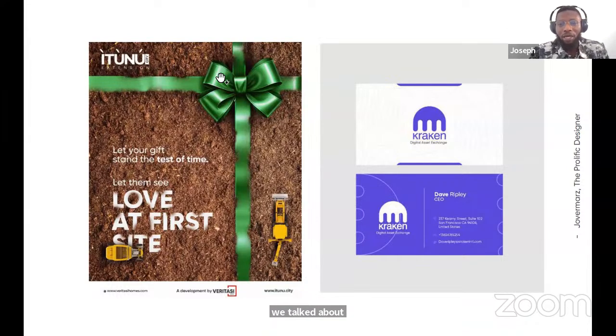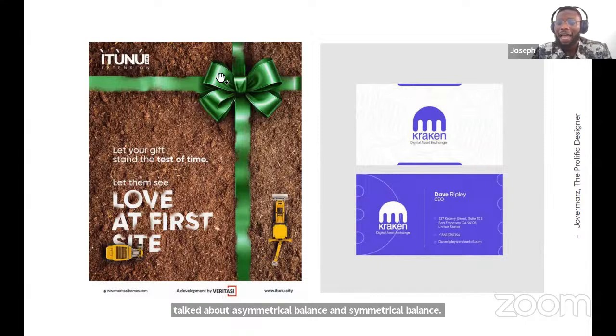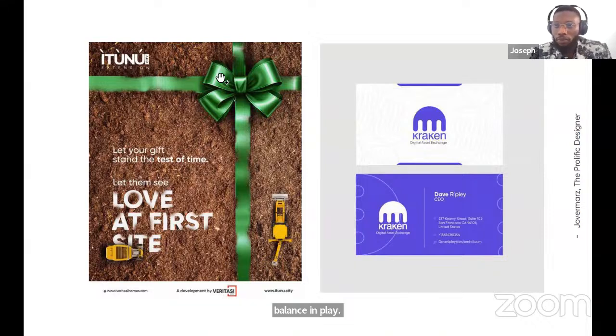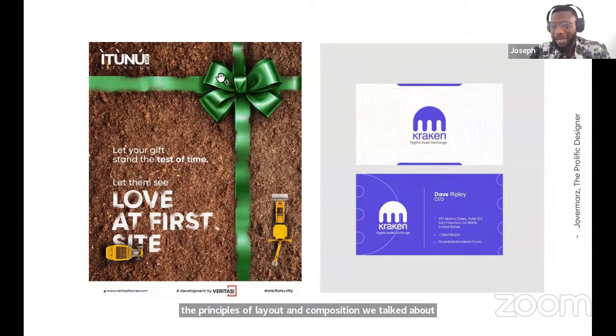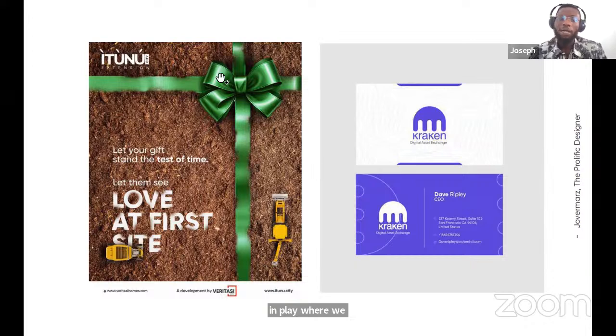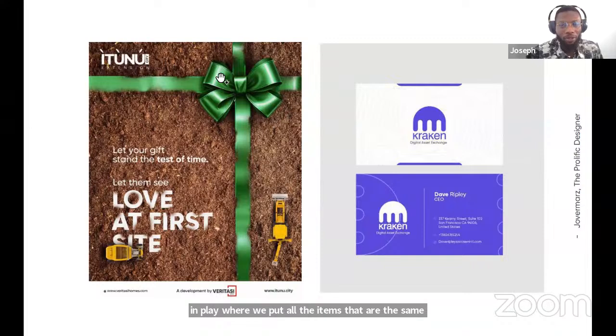What you see on that back page is an asymmetrical balance in play. Now, from the principles of layout and composition we talked about today, what you also see there is proximity in play, where we put all the items that are the same in one part and the logo on the other part. You get it? Okay.